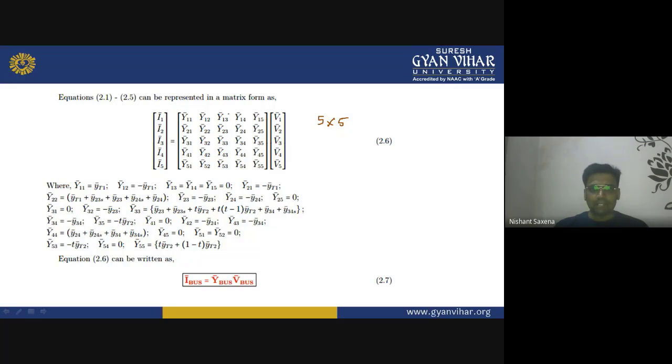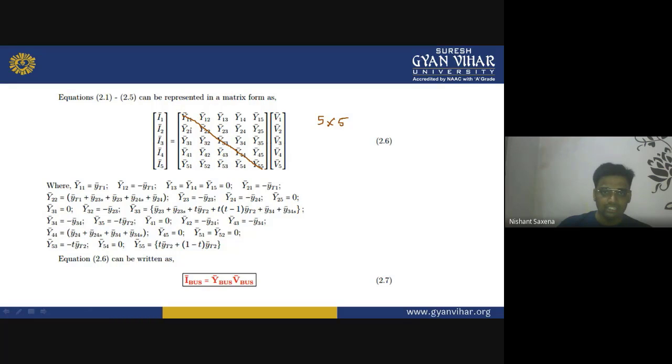Now what is this capital Y11? These are Y11, Y22, Y33, Y44 and Y55. These are the diagonal elements, and the others are the off-diagonal elements: Y12, Y13, Y21, Y31, Y32.